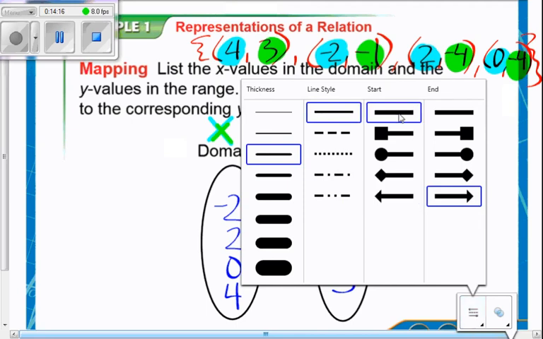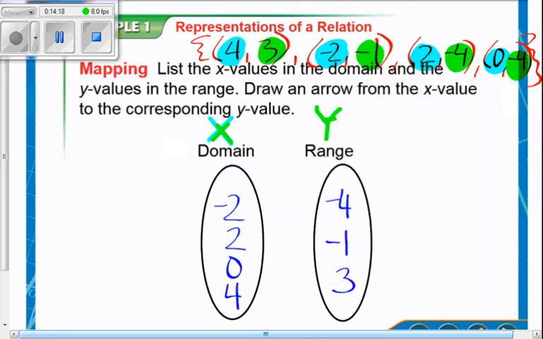So the arrow is going to look like this. So 4 goes with 3, right? So I'm going to just draw an arrow that goes 4 to 3. And -2 is partnered up with -1. Now 2 is with -4. And so is 0. So I'm going to have these two pointing at the same -4.